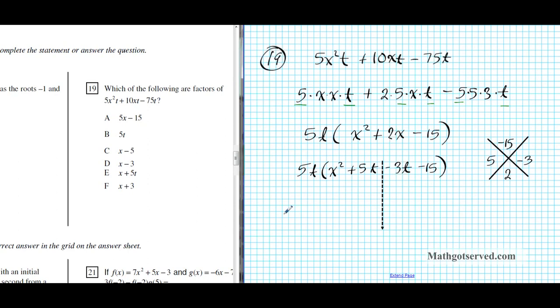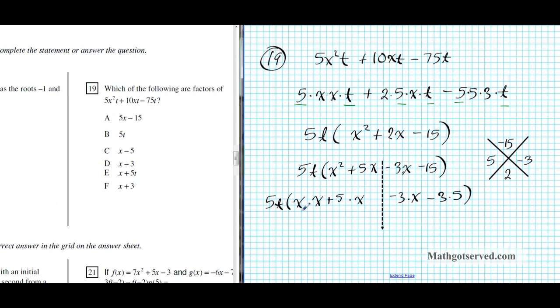So we have 5t times x squared plus 5x minus 3x minus 15.